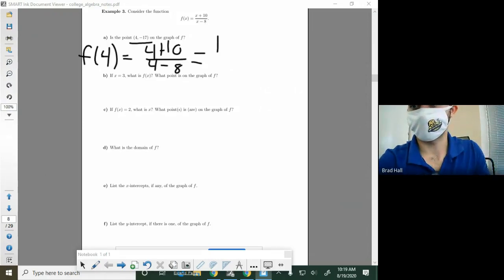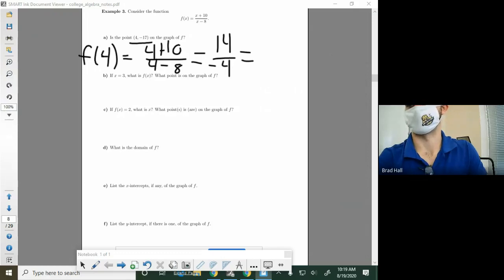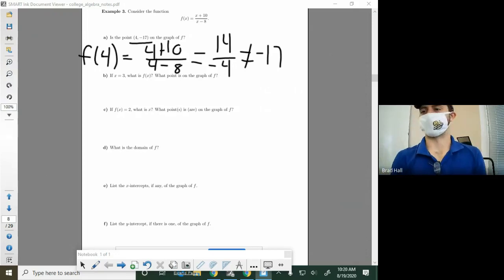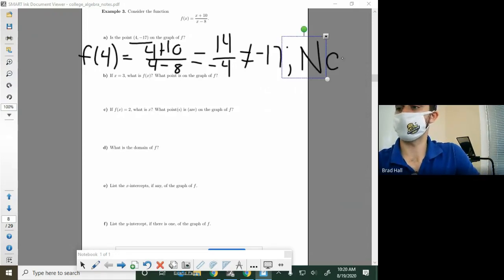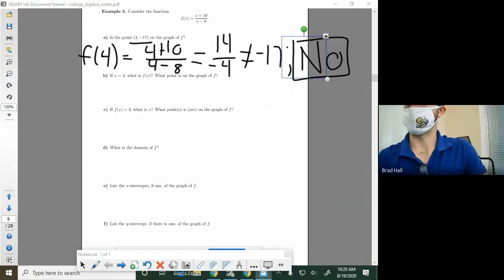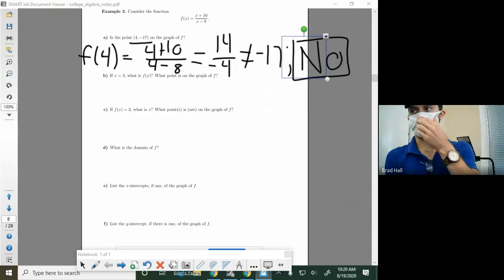So that will be 14 divided by -4, and you can already tell that it's not going to be -17. You could simplify it as -7/2. Doesn't matter. We see it's not -17. So your answer here would be no, because in order for that point to be on the graph, the x value has to correspond to the y value.